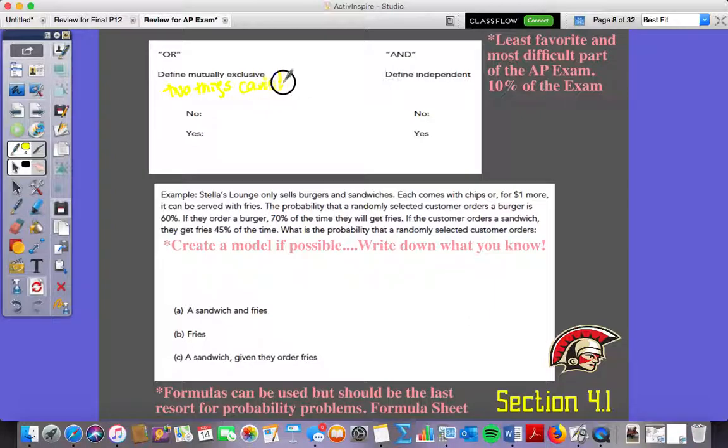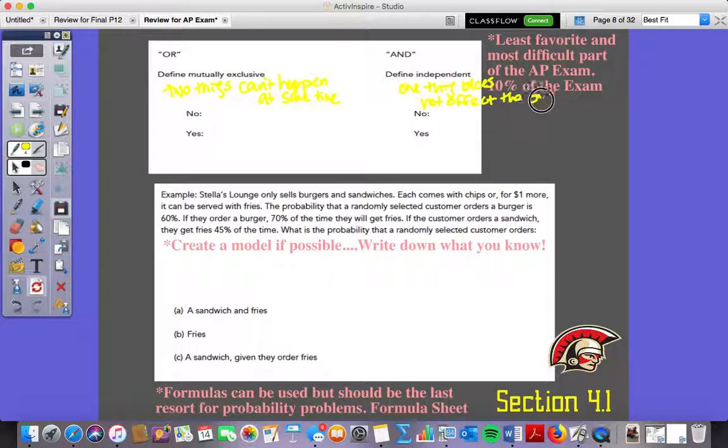Independent, what does that mean? One thing does not affect the other.